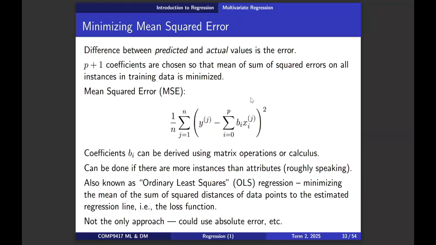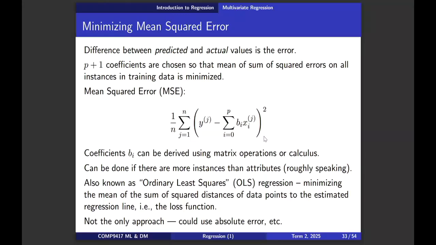Absolute error doesn't have that squaring effect, so it may be better for you to use absolute error. And there are other ways in which we can extend this loss function to do a different kind of version of the fit. So it all depends on what you're trying to get out of fitting the model to the data, what your application requires, and that will lead you potentially to choose a different loss function.